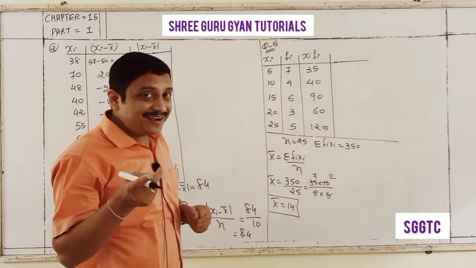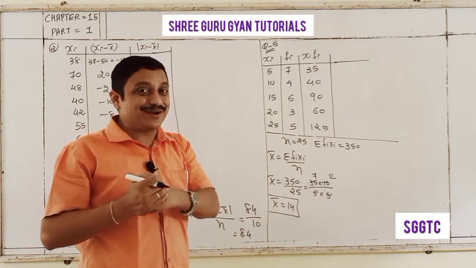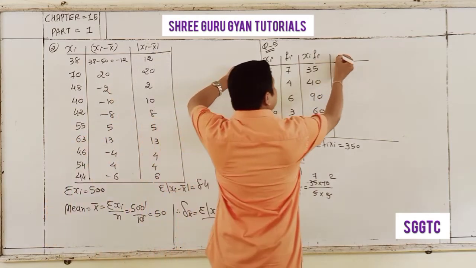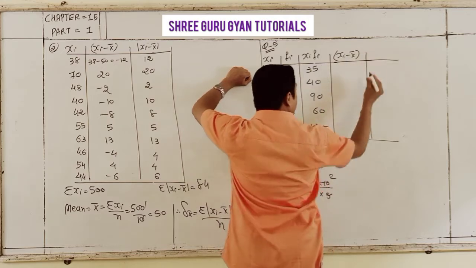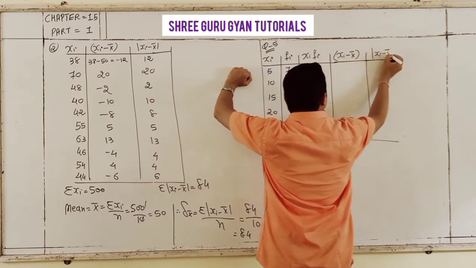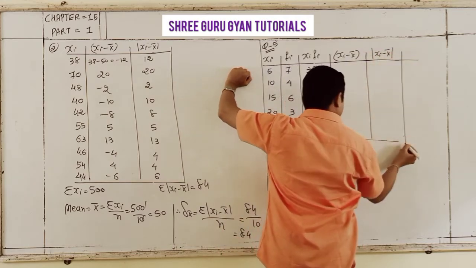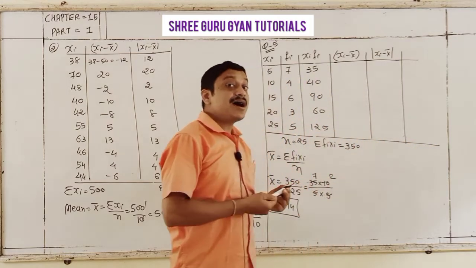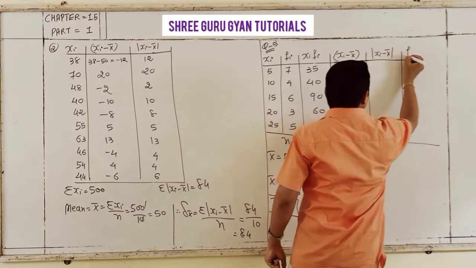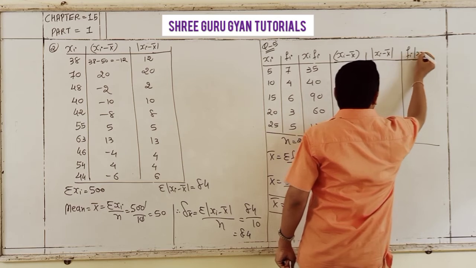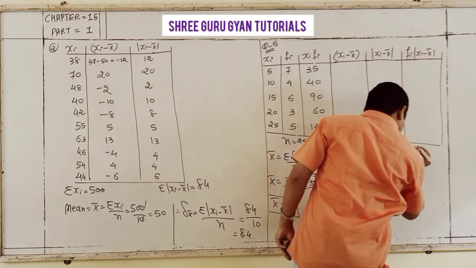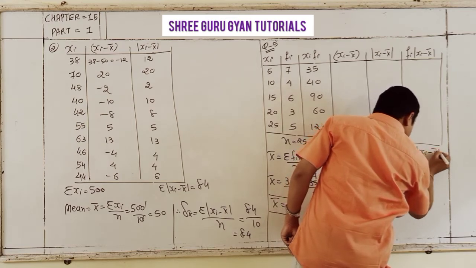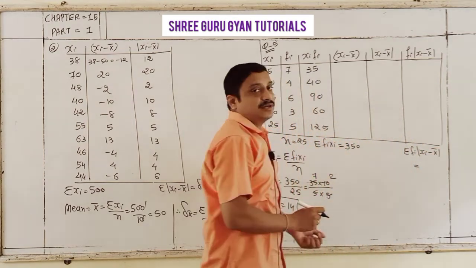Now the mean is defined. Now I go to our formula for mean deviation about the mean. First of all, xi minus x bar; second column, modulus of xi minus x bar; and the last column, frequency times modulus of xi minus x bar, and that total I want in the answer, the summation.